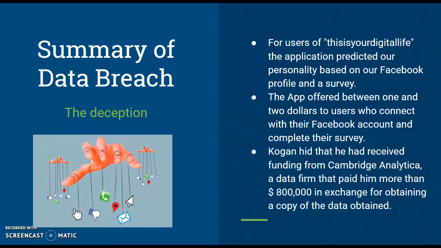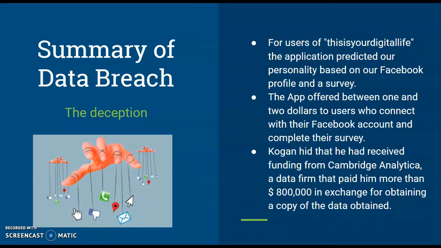The last point is the deception. For users of This Is Your Digital Life, the application predicted our personality based on our Facebook profile and a survey that offered between $1 and $2 to users who connect with their Facebook account and complete the survey.